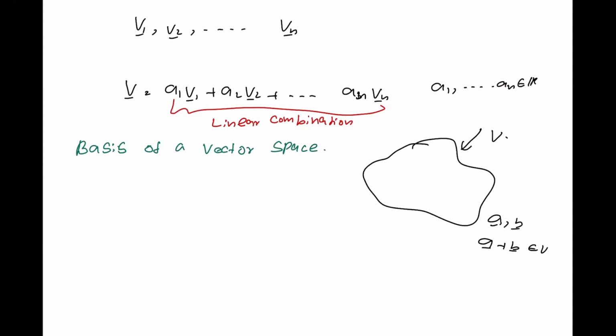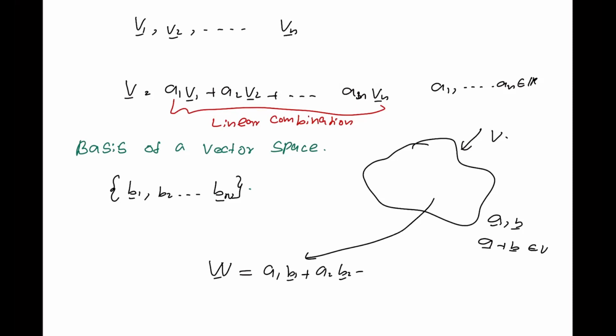In the basis, what we're going to do is, the basis is some set of vectors, let's say I denote b1, b2, up to bn. It has some interesting property. If you take any vector from this vector space, let's say w, you can express it as a1 b1 plus a2 b2 plus up to an bn.